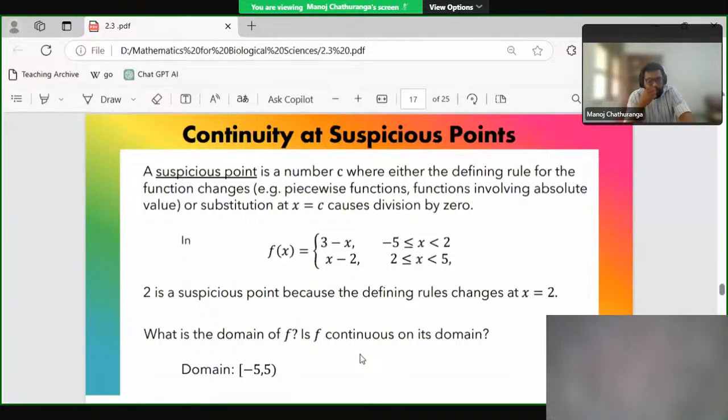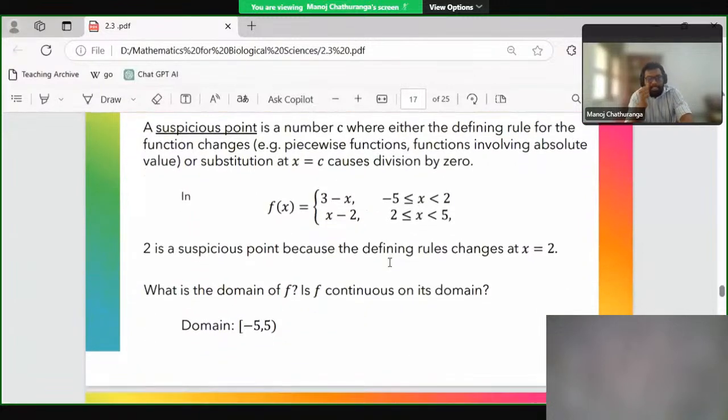So let's look at this example. We have a piecewise linear function. The function is piecewise because on different domains it has different rules. From -5 to 2, the defining rule is 3 minus x.